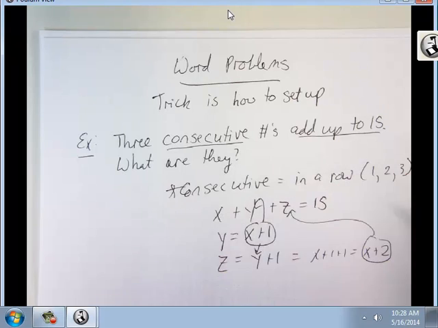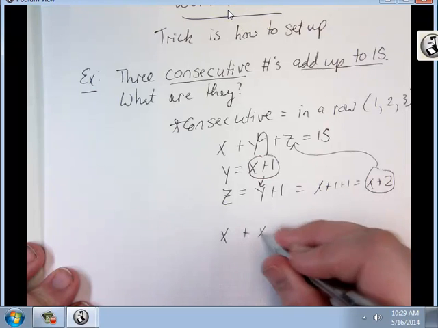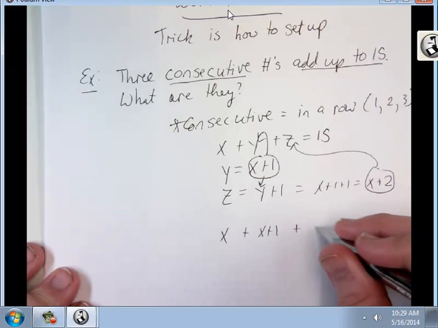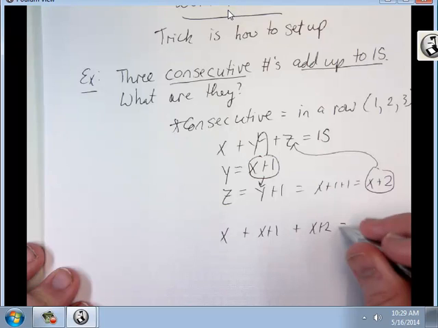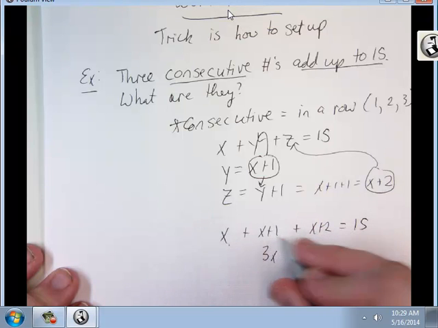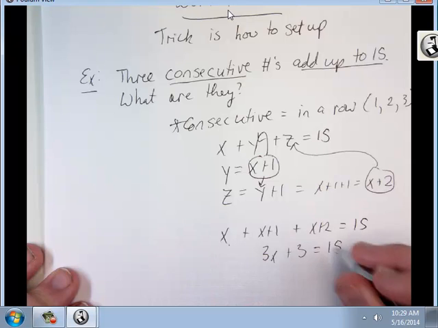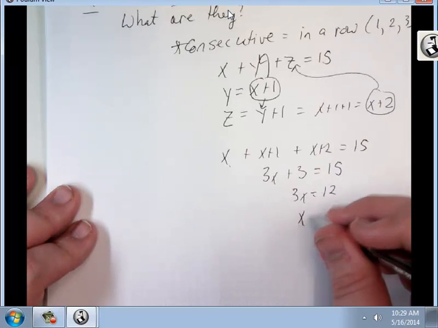Now I'm just going to bring those there. X plus x plus 1 plus x plus 2 equals 15. 1, 2, 3 x's plus 1, 2, 3 equals 15. 3x equals 12. X equals 4.